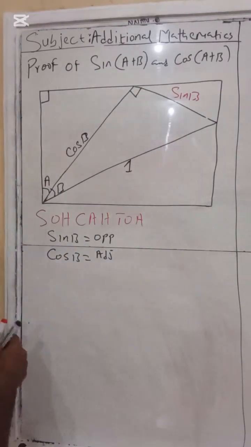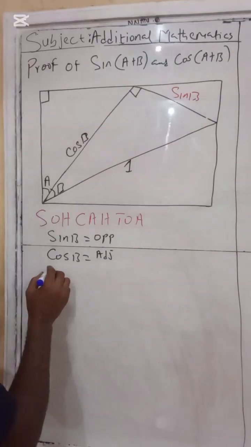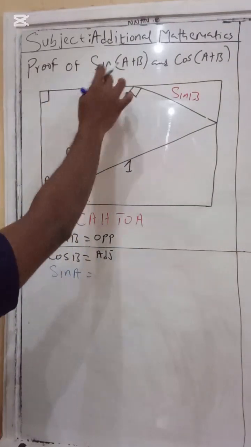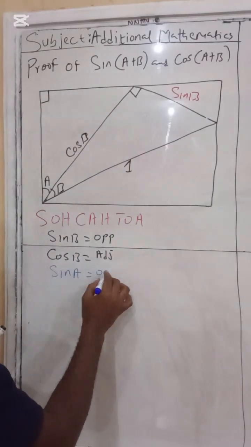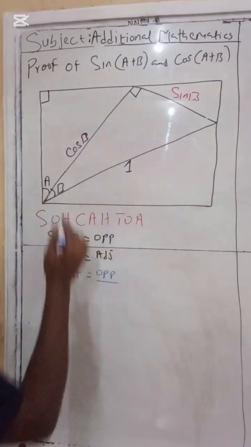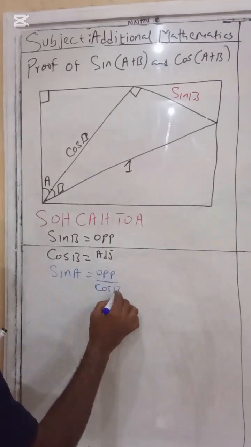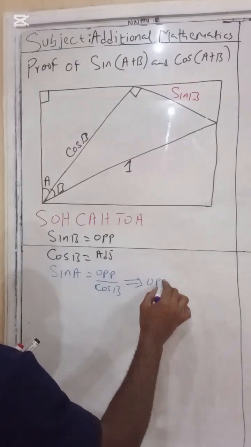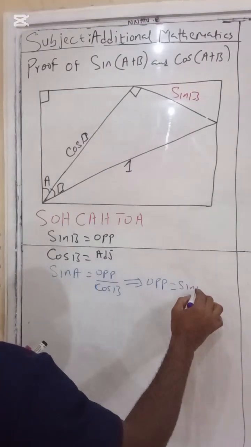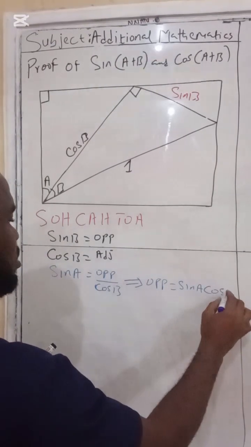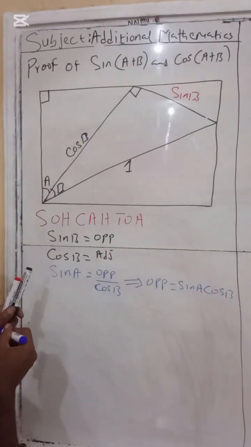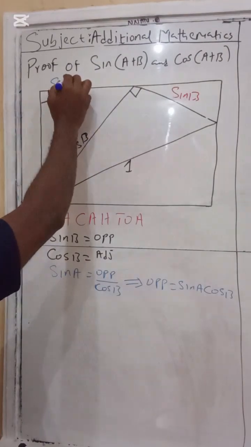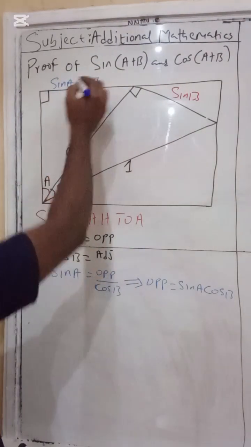So from there, sine A is equal to opposite over the hypotenuse, which is cos B. So when you make opposite the subject of formula, opposite is equal to sine A times cos B. So that means this side is sine A cos B. So we're going to label here sine A cos B.